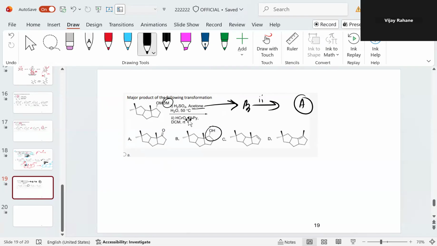In case of acid, the MOM deprotection step occurs, and the next step is the reaction of this alcohol with the styrene reagent, which leads to the formation of compound A. So we have this as a product.